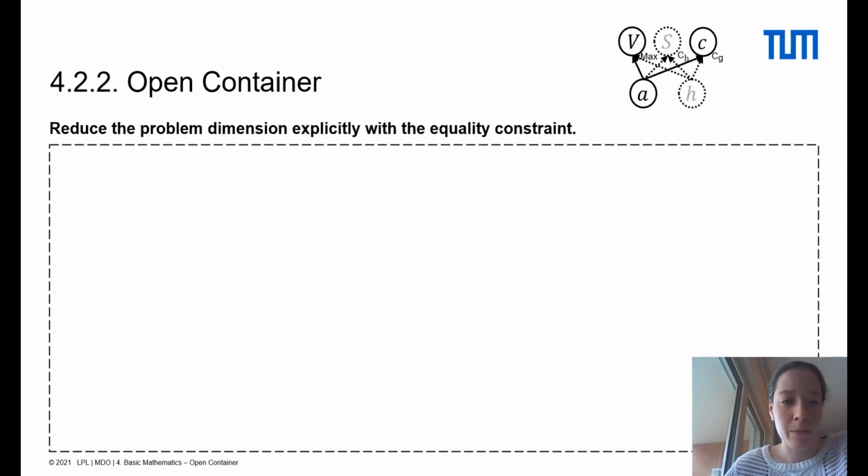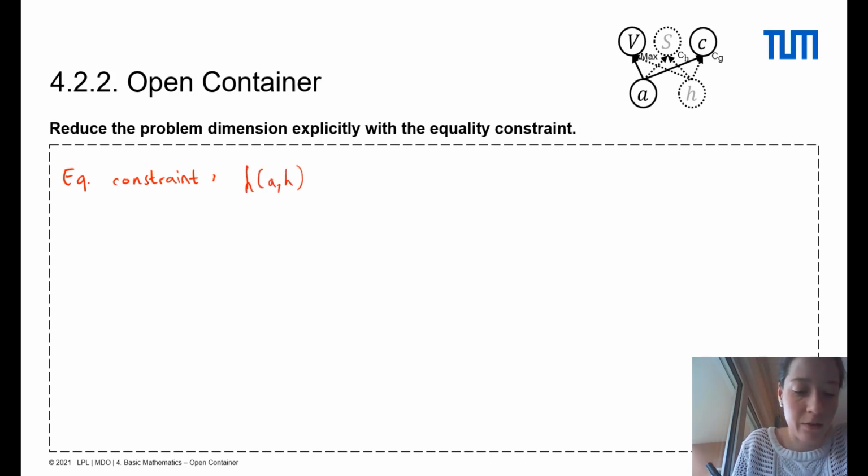Reduce the problem dimension explicitly with the equality constraint. So we use our equality constraint, A of A and h, which is the surface area.